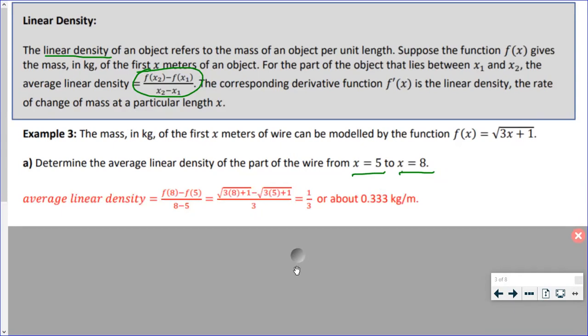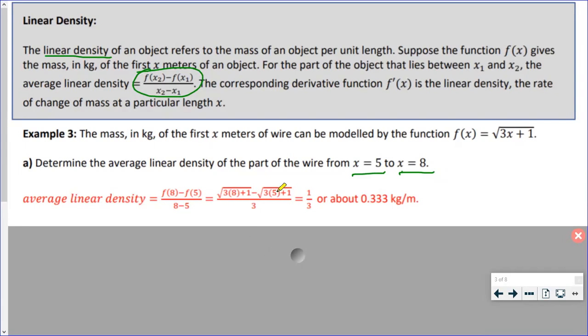is the average linear density is equal to f of 8. That is the same as the y value when x is equal to 8 of the function, and f of 5 in our numerator, all over 8 minus 5. That's simply the slope formula.